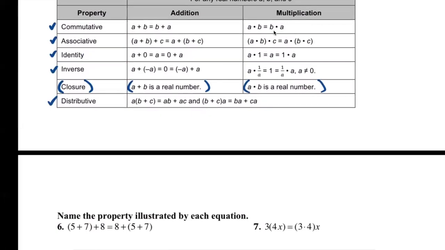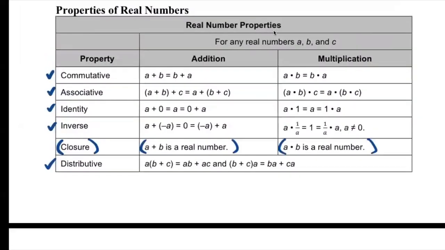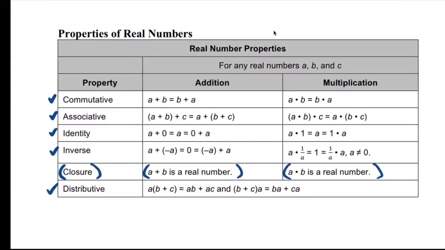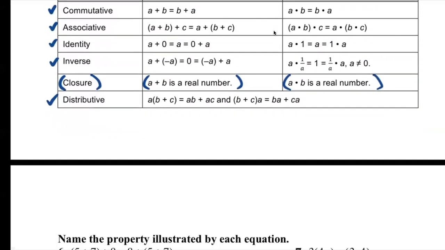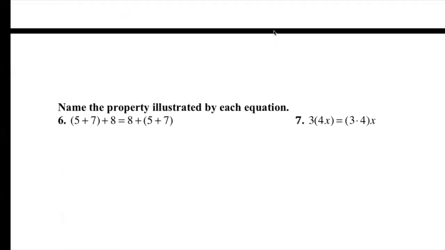I didn't go over it just because I'm assuming you guys know this from geometry, but if you need to take time to review these, go ahead and pause the video and look over them to refresh your memory on what's commutative, what's associative, identity, and inverse. Same for addition and multiplication. And once you're ready, unpause, and then we can get into these examples.